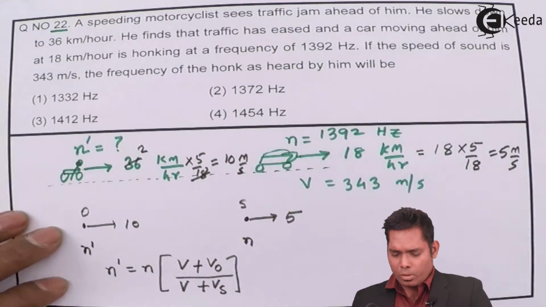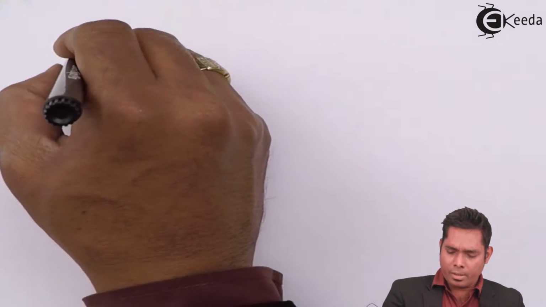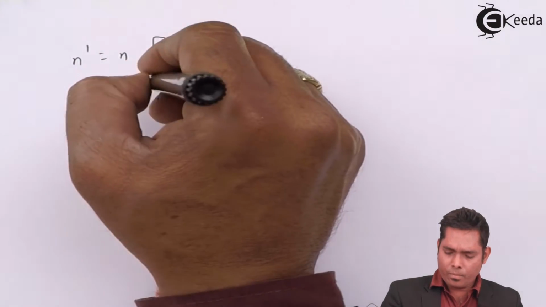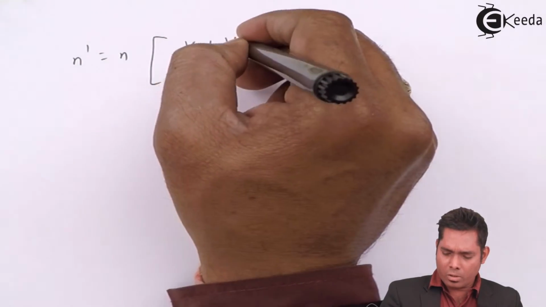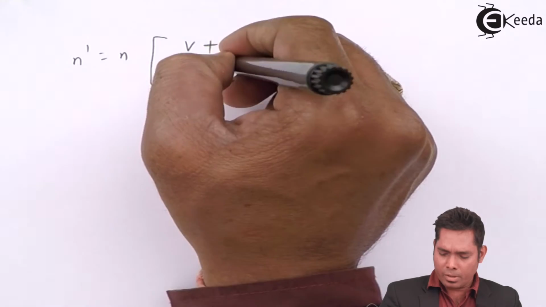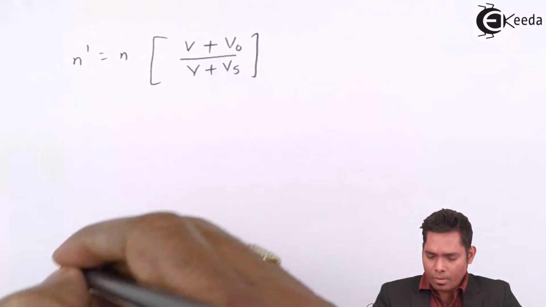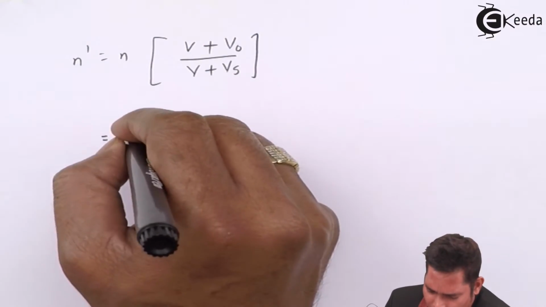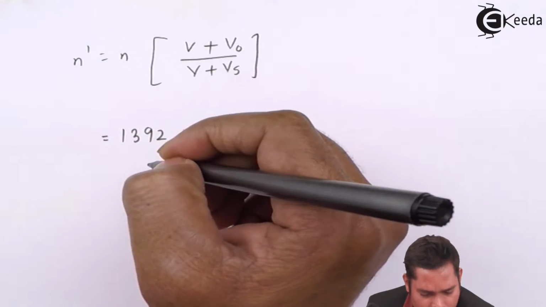So let us put these values. N prime is n times v plus v naught divided by v plus vs. N is 1392, the original frequency given in the question.